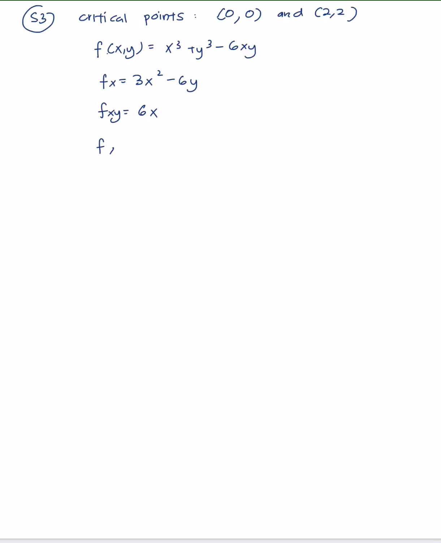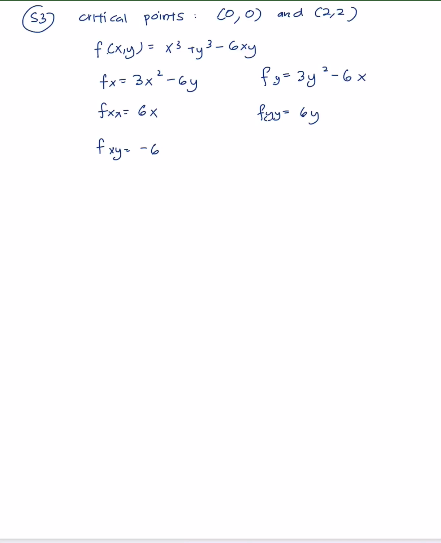Then fxy is minus 6. For fy, which is 3y squared minus 6x, fyy is equal to 6y.